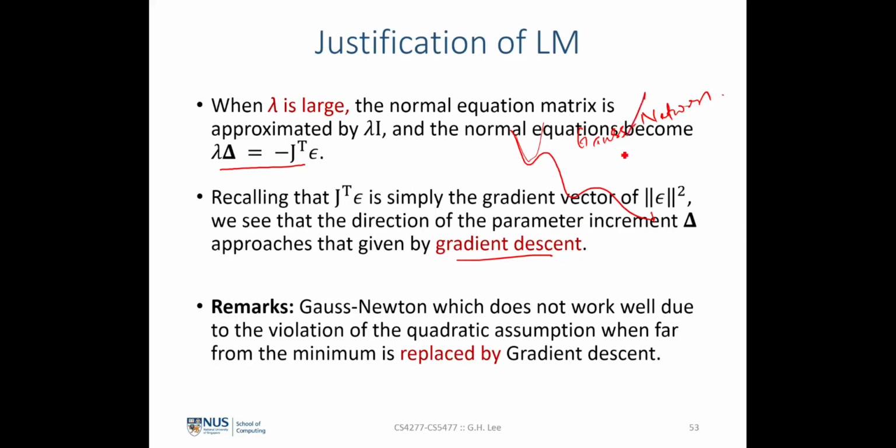But when it is far away from the local minima, the gradient descent method will still work, except that it might be moving in a zigzag direction. In this particular case, it's better for the algorithm to move in a zigzag direction than not to converge at all. So we will simply increase lambda and turn it into a gradient descent technique.